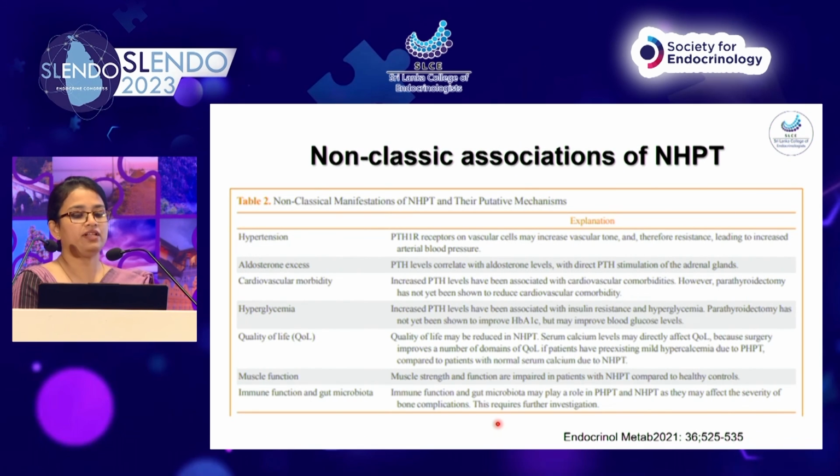And there have been reports of non-classic associations of normocalcemic hyperparathyroidism, like hypertension, aldosterone excess, cardiovascular mortality, hyperglycemia, and quality of life. But we need more data to come to major conclusions on how these parameters are being affected by normocalcemic hyperparathyroidism.